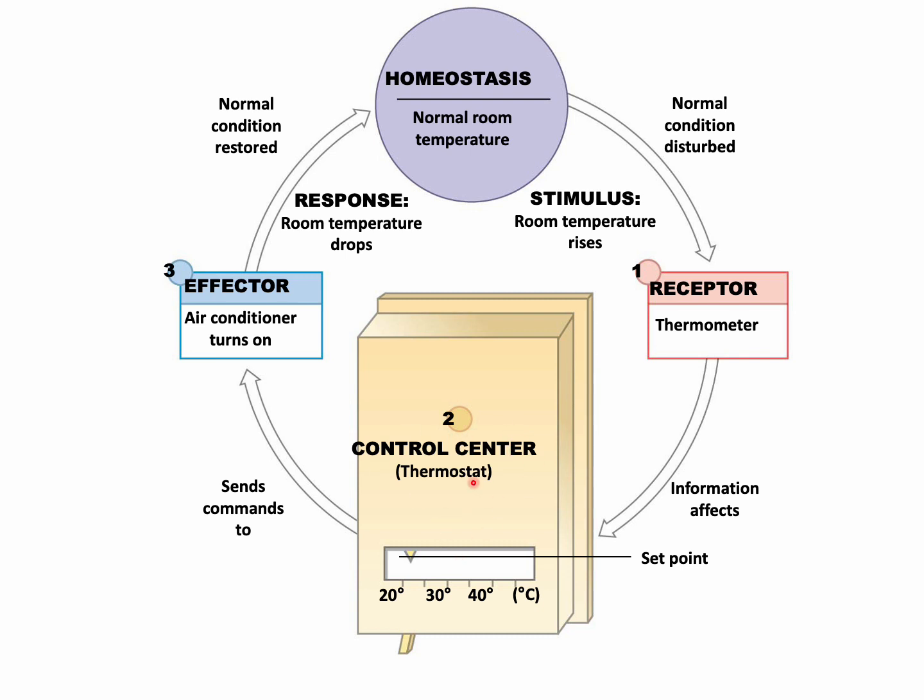The control center is going to send that output information to the effector, the effector being the air conditioner, and it's going to tell the air conditioner to turn on, which would eventually cause a response, which would be the room temperature dropping and hopefully back to normal room temperature. Homeostasis would be restored.